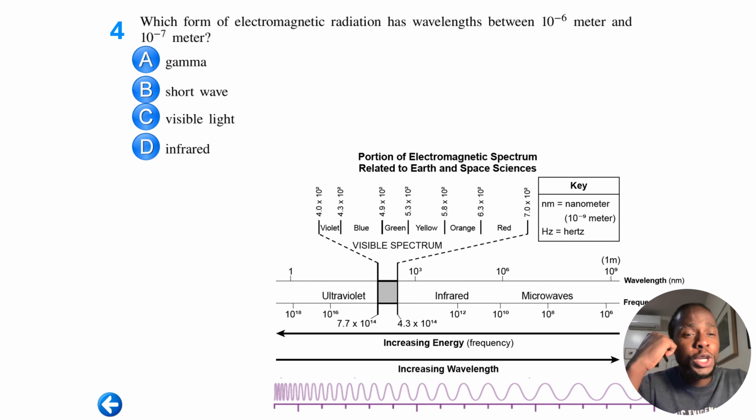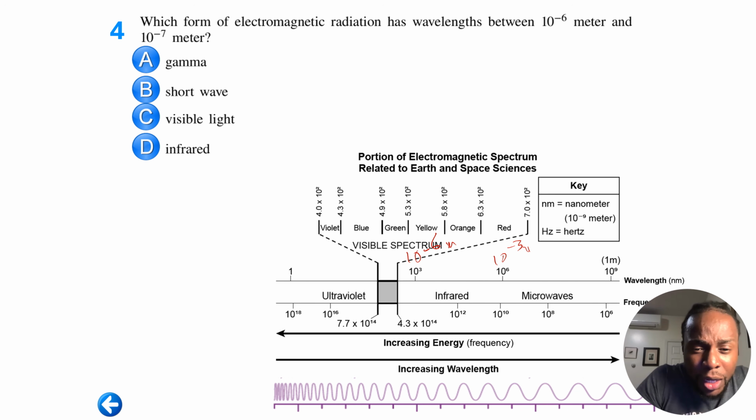Question number 4. Which form of electromagnetic radiation has wavelength between 10 to the power of -6 meters and 10 to the power of -7 meters? So we said earlier on this is 1 meter, and this is 10 to the power of -3, and this is 10 to the power of -6 meter, not nanometer, meter. So definitely between 10 to the power of -6 and below would be visible and ultraviolet.